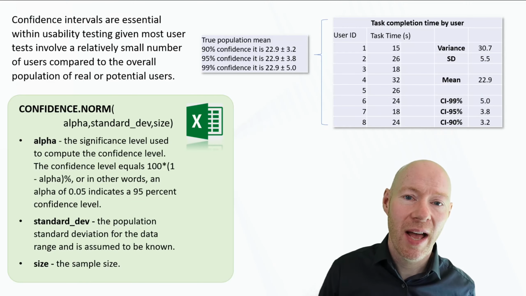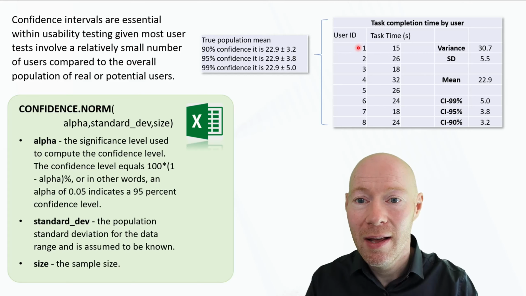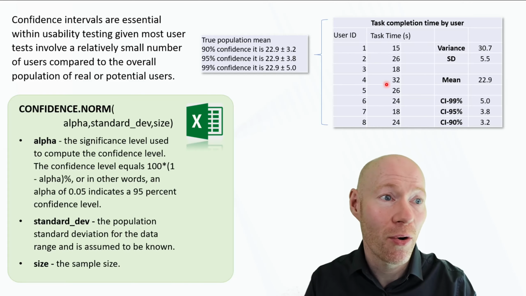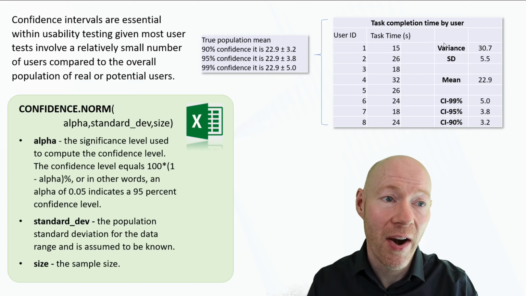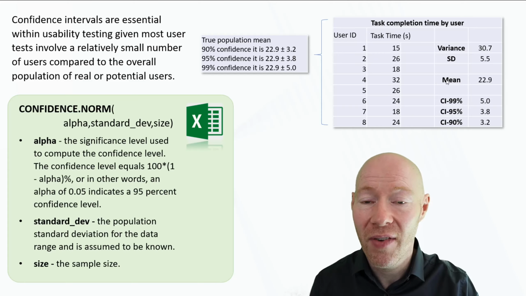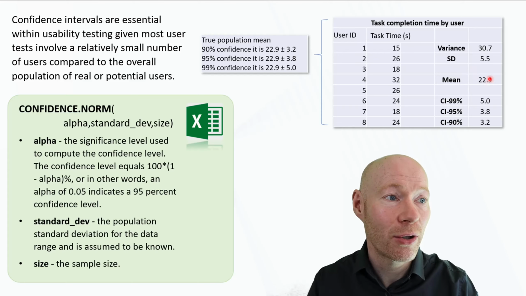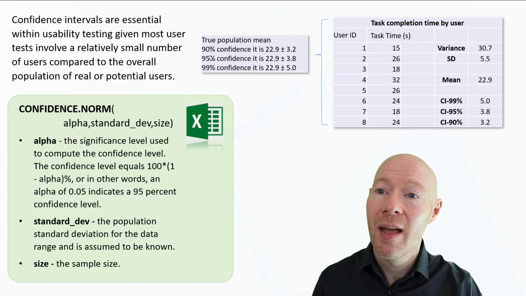So here we have just an example of that, and let's have a look at the example first of all. We've got our 8 users, we've got our respective time on task, we've calculated our variance, our standard deviation, and our mean value. So the mean is 22.9, the thing we want to build upon. Our standard deviation is 5.5.